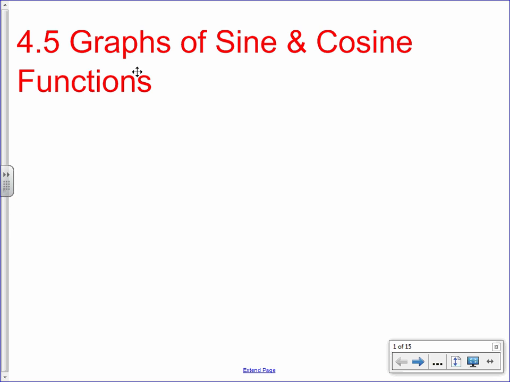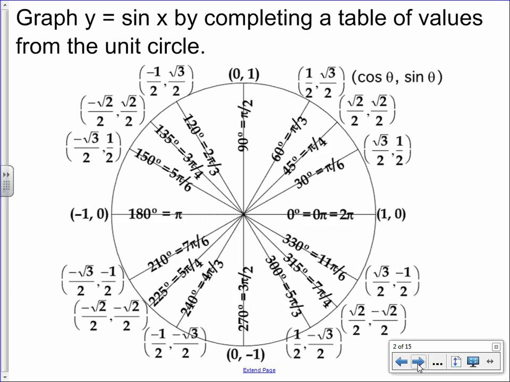So, what does the graph of sine look like? We are going to reference our unit circle. If I want to construct the graph of sine, we're going to pay attention to all of our what coordinates? Y. All of our y coordinates. So at 0 radians, we begin at 0.